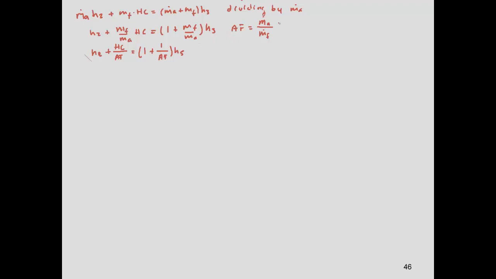We know that 1 over 0.017 is 58.82. Sorry, this is wrong, it's not H5, it's H3.